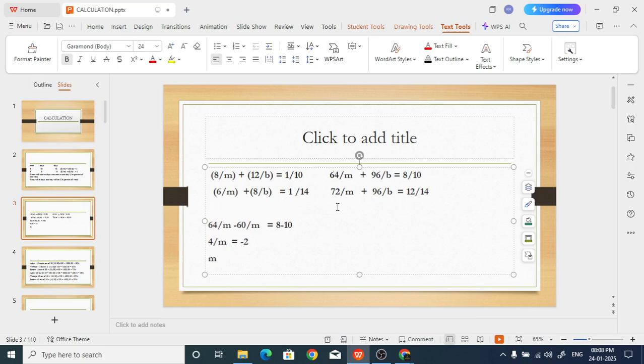Now 64 by m minus 72 by m equal to 8 by 10 minus 12 by 14.